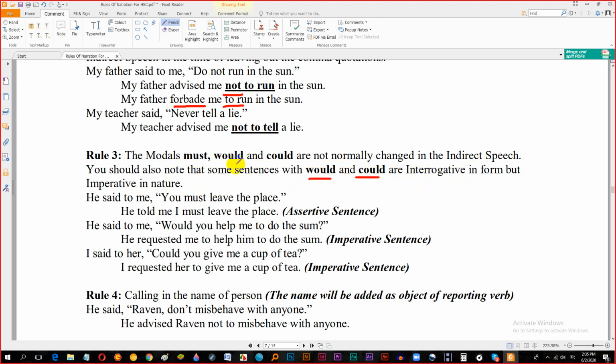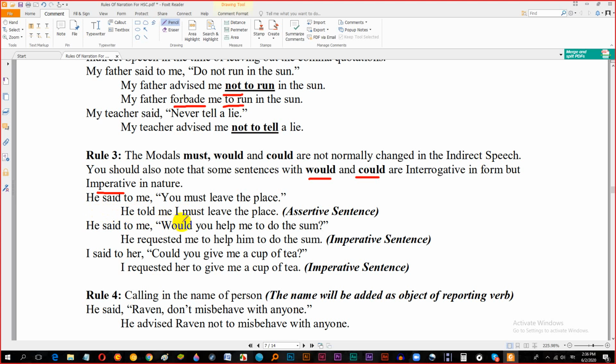So these are unchanged. But in some sentences it could be changed because would and could also express imperative, that means order or request. Actually they show us request sometimes. Okay, if we read the examples then it will be clear to us.